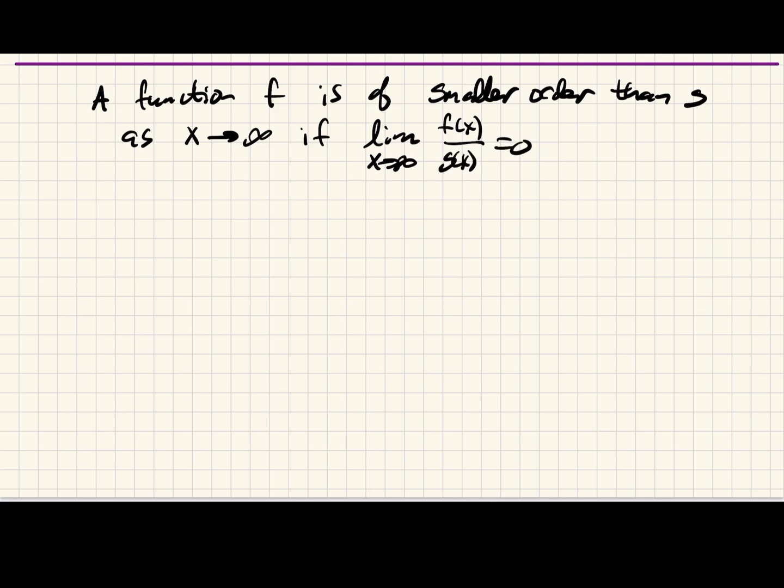We indicate this by writing f equals, now this is going to be a little o, of g. F is little o of g is exactly how you say that. And so it means that f is of smaller order than g if you have a little o there.